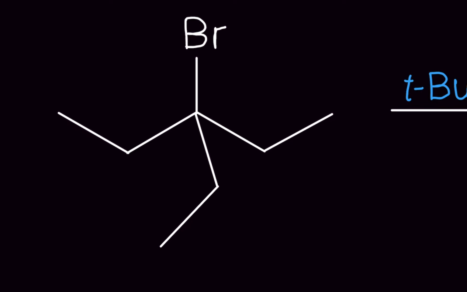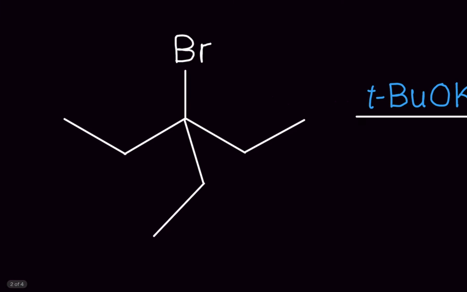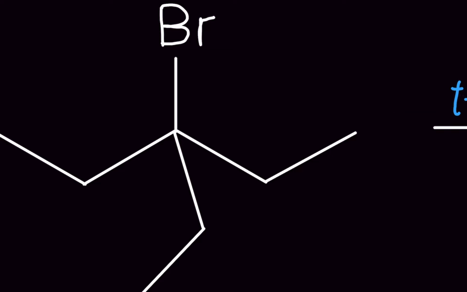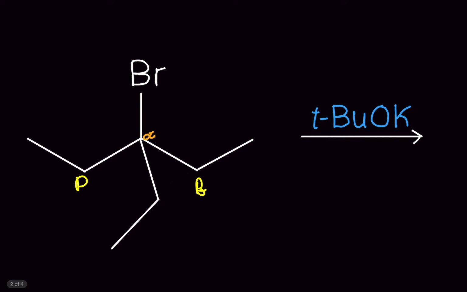Okay. First thing we realize is tert-butoxide, a bulky base. So that means the Hofmann is going to be the major product and the Zaitsev will be the minor. So we have alpha carbon. And we have beta carbons here, here, and here.